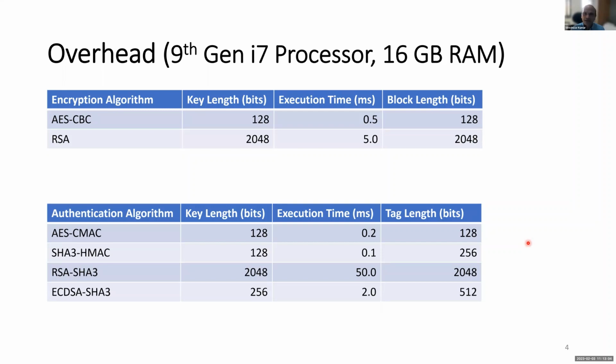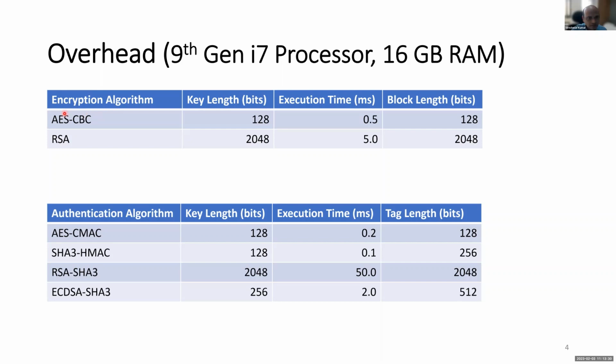So if I run these cryptographic algorithms on a typical laptop, a little outdated 9th gen i7 processor with 16 GB RAM, so good enough power for running these kinds of cryptographic protocols, these are the numbers after running them on a laptop with this configuration.